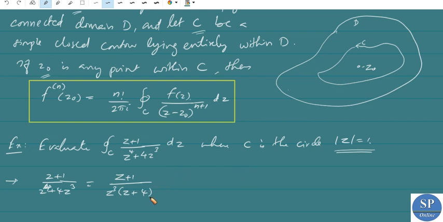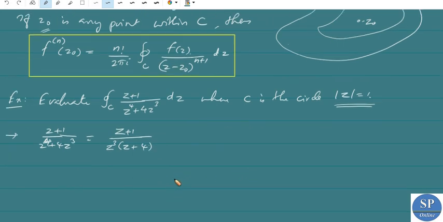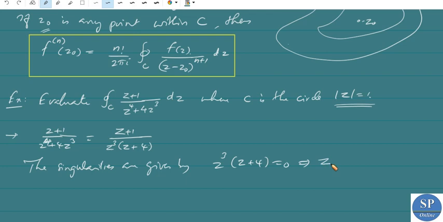Therefore the singularities are given by the denominator equal to 0. That means z is equal to 0 and z is equal to minus 4. Here z equal to 0 is of order 3 and z equal to minus 4 is of order 1.